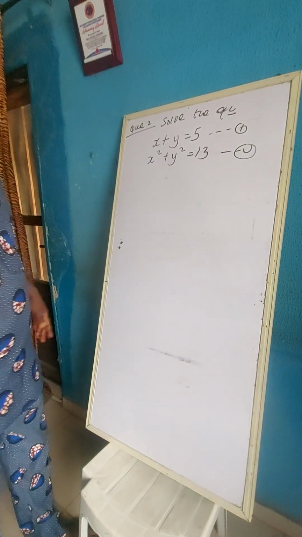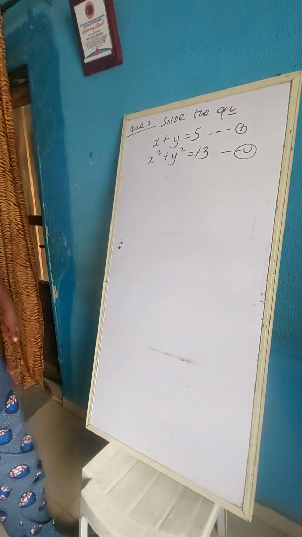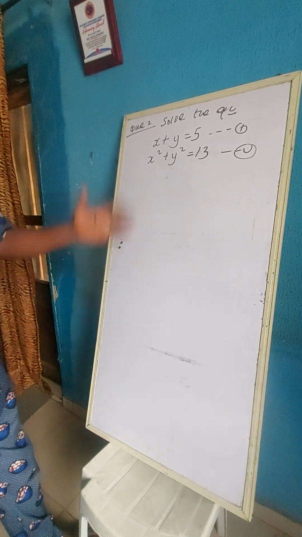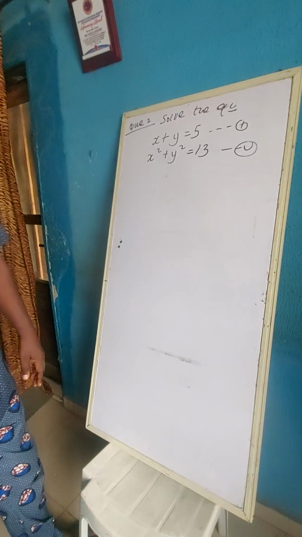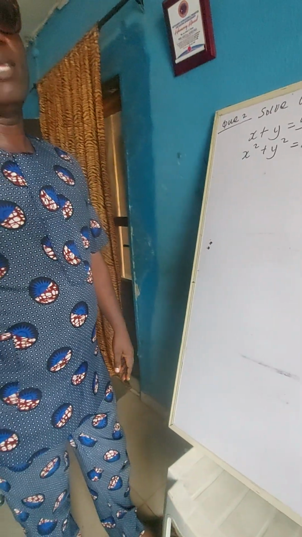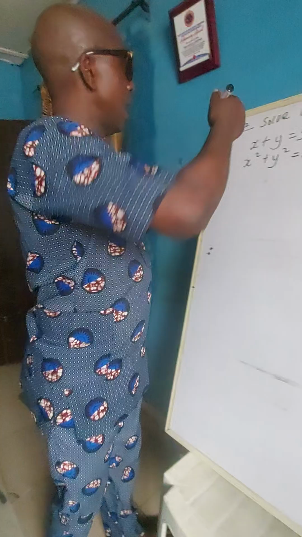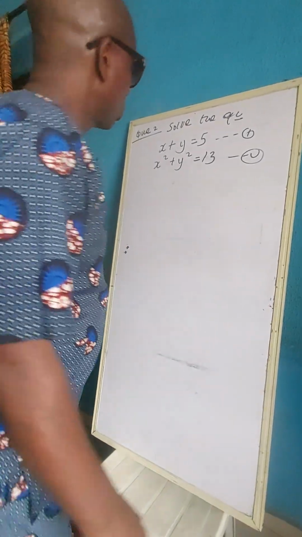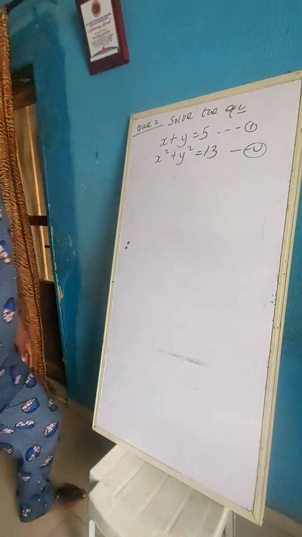How do you do this? From equation 1, make either x or y the subject of the formula, then you flog it. That's how it is. x plus y equal to 5, x squared plus y squared equal to 13.